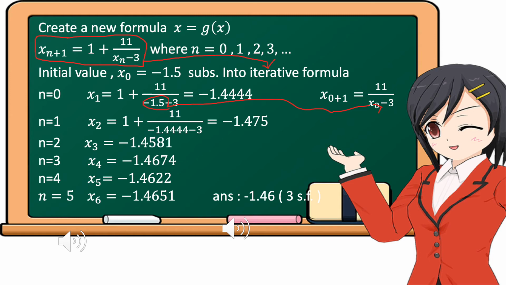We do the same calculation, and now n equal to 1, x2 equal to 1 plus 11 over negative 1.4444 minus 3, equal to negative 1.475. We do the same process until we get the answer negative 1.46 for 3 significant figures.